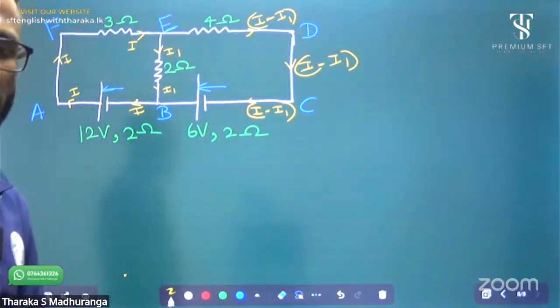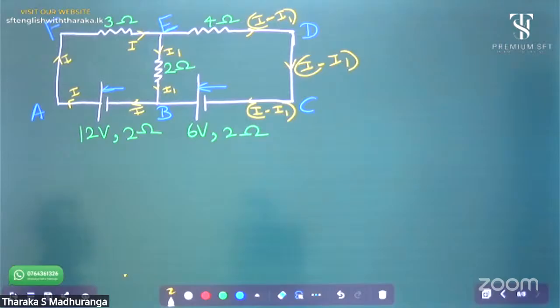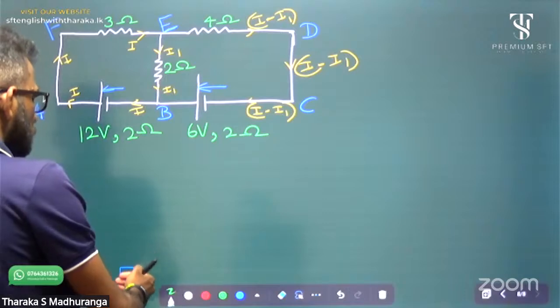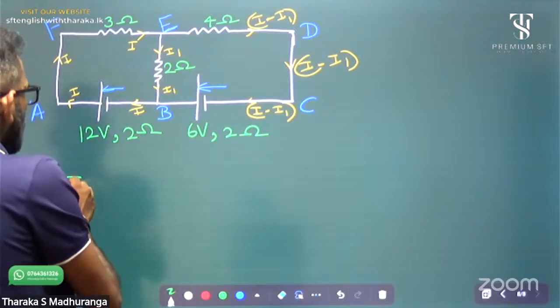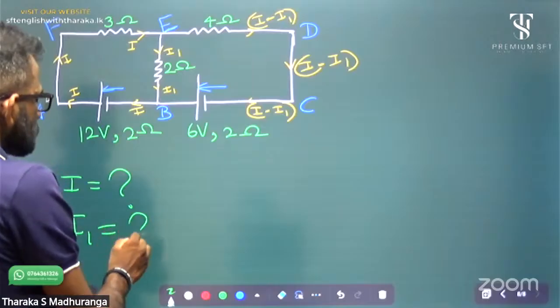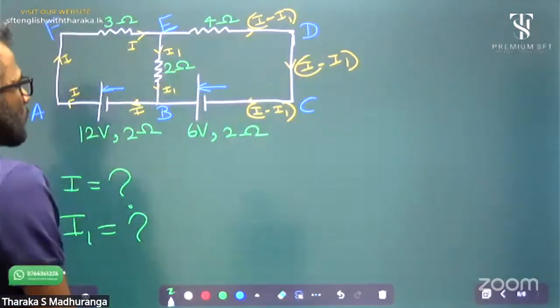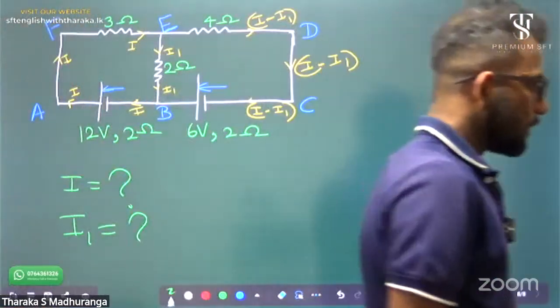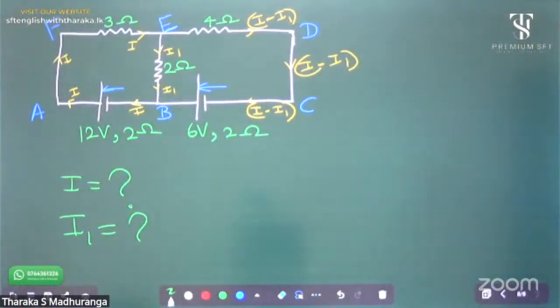Okay, this is the circuit and current directions. Please mark this data in your book. I can give you 5 minutes. You have to calculate the value of I and the value of I1. Okay, 4 minutes.